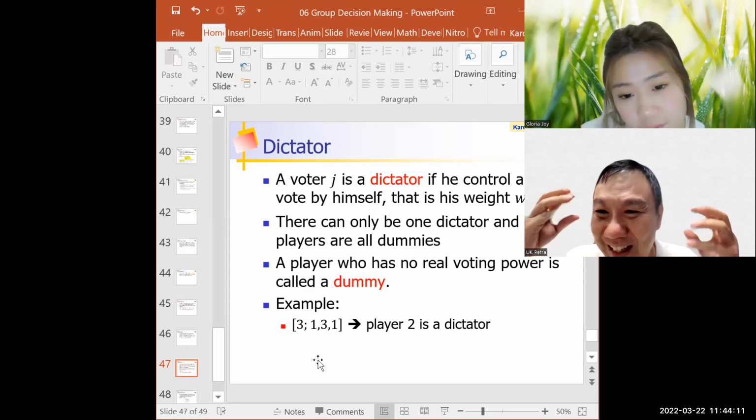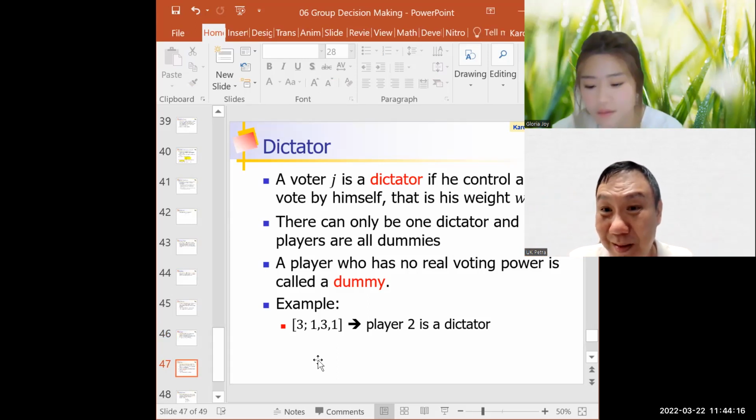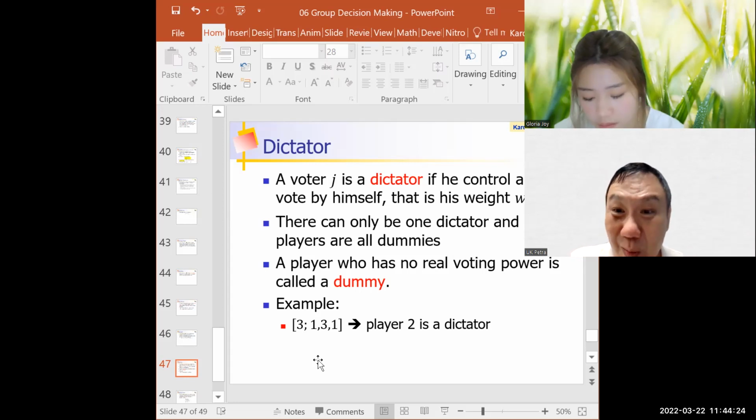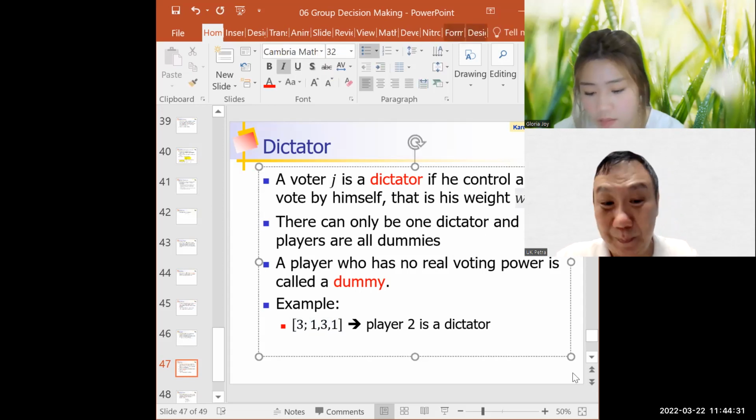Now you start to realize, okay, voting does not mean democracy, isn't it? In voting you can still get dictatorship, no? How? Simply by putting your weight equal to or larger than the threshold.